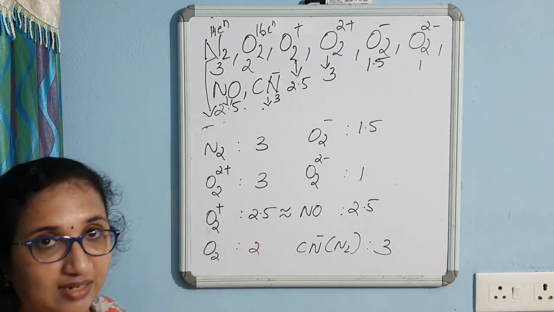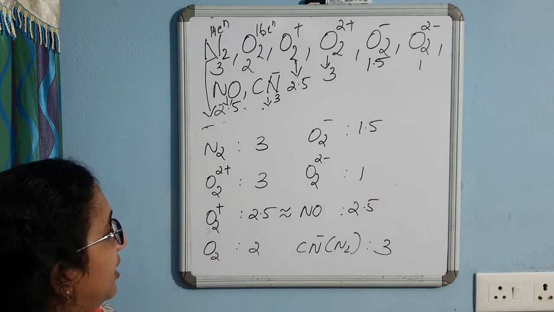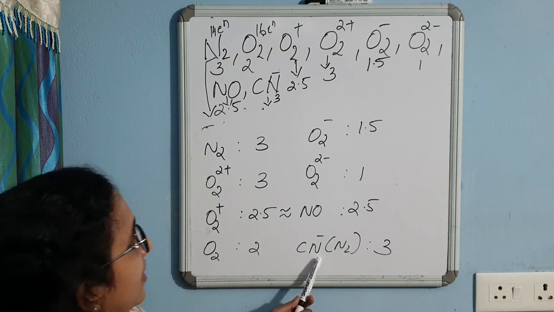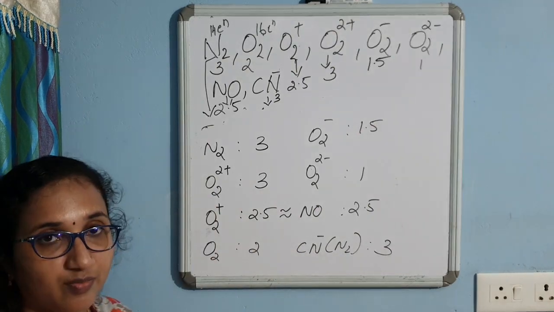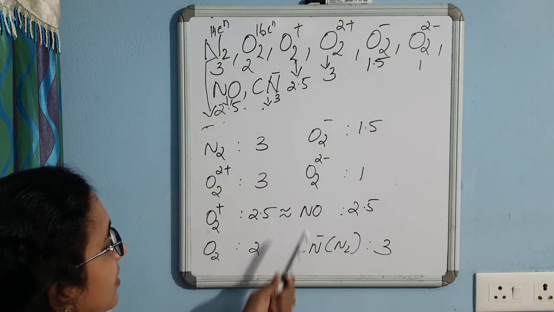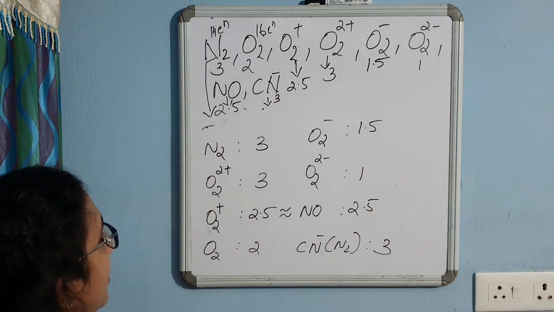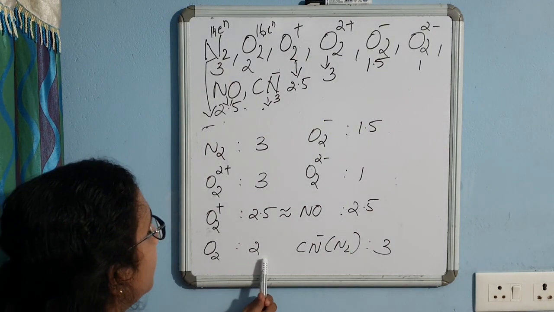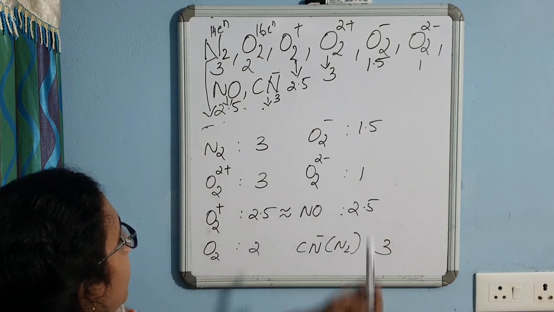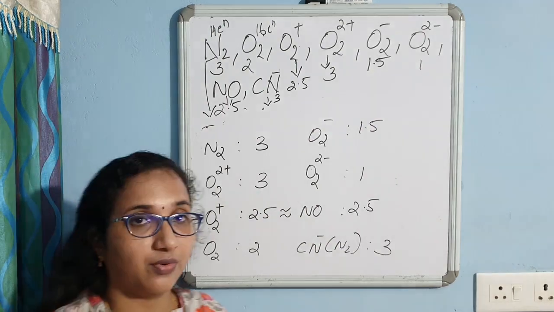So this way we can compare the stability, bond dissociation energy, etc. We know nitrogen, O2 2 plus, CN minus, these have the highest bond order. Then comes O2 plus, NO, with 2.5 bond order. Then we have O2 with bond order 2, then O2 minus with bond order 1.5, and finally O2 2 minus with bond order 1.